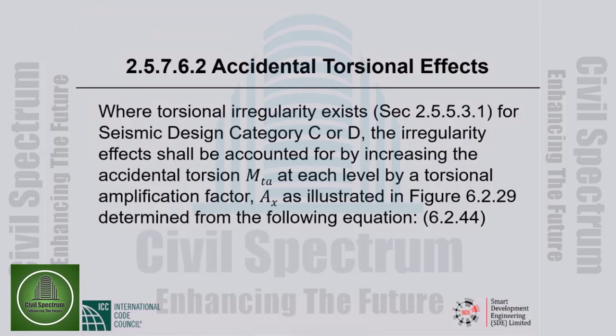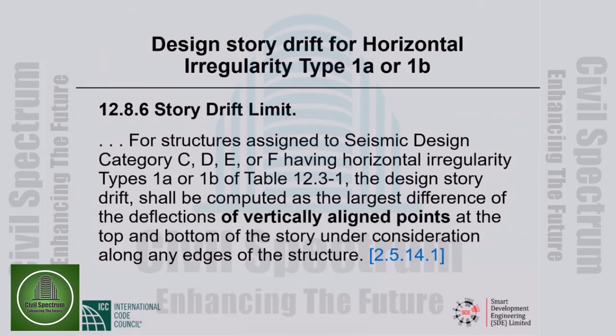Where torsional irregularity exists for seismic design category C or D, the irregularity effect shall be accounted for by increasing the accidental torsion at each level by a torsional amplification factor A sub x, as illustrated, etc. So that's amplification of accidental torsion, required when you have type 1A or 1B horizontal irregularity.